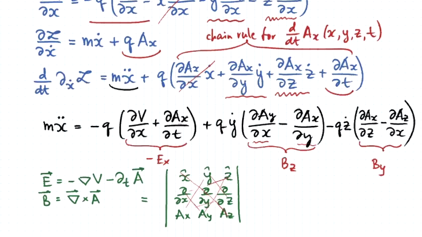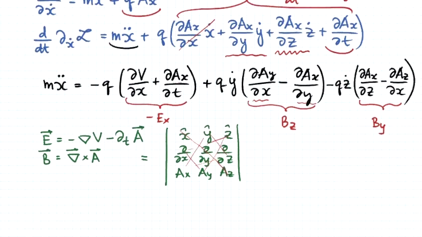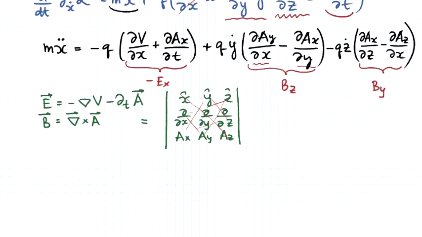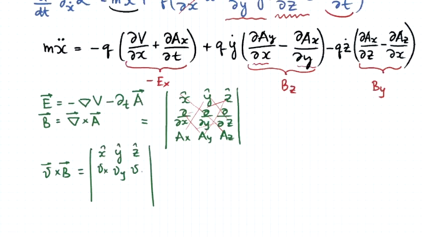Let's notice another thing here, that we can further simplify the last two terms. If we write V cross B, again, it's a determinant of unit vector x, unit vector y, unit vector z. Then we have components v sub x, v sub y, and v sub z. And then components of magnetic field B sub x, B sub y, B sub z.